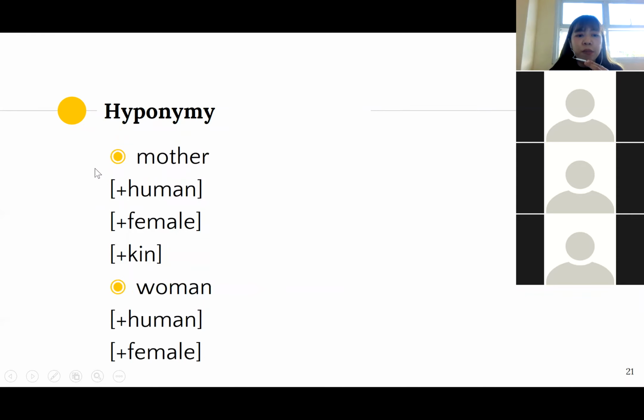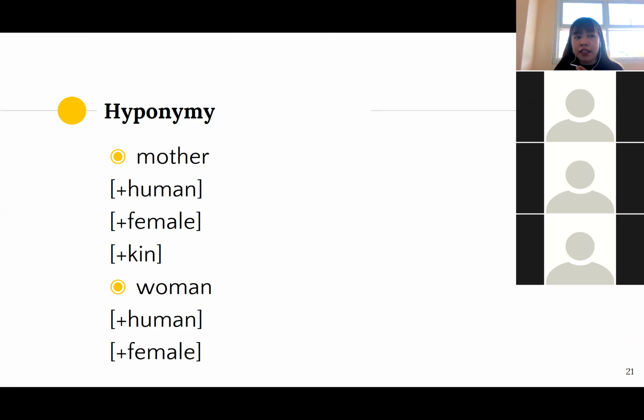Both woman and mother share the same characteristic that they are plus human and plus female. But mother has an added feature, plus kin. When we say kin, it means relative or relating to family. For example, when you say this is my mother, it's assumed right away that she is related to you, the speaker.